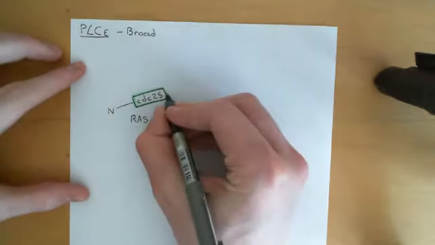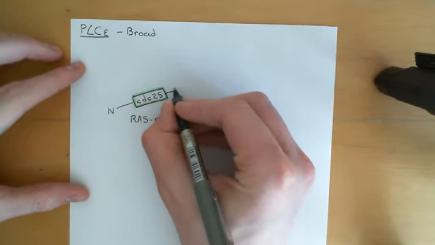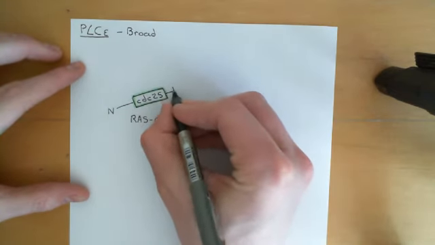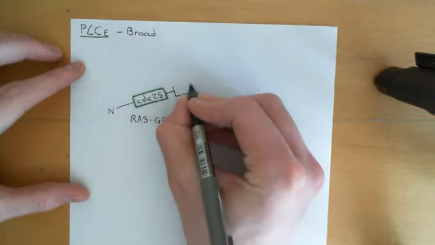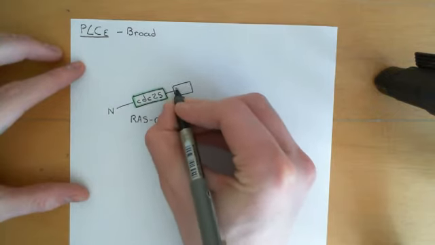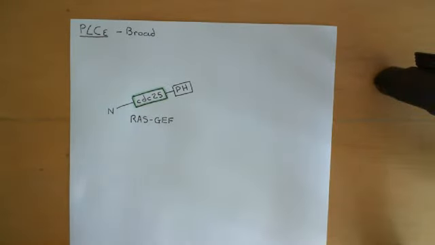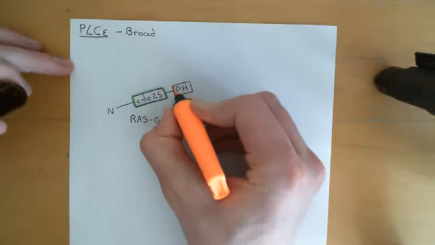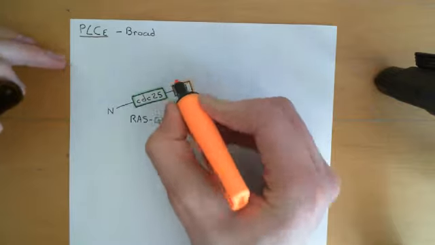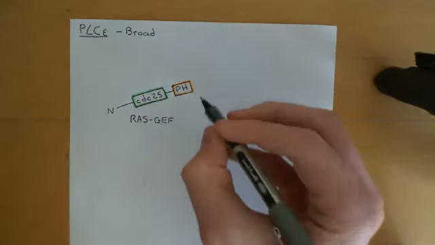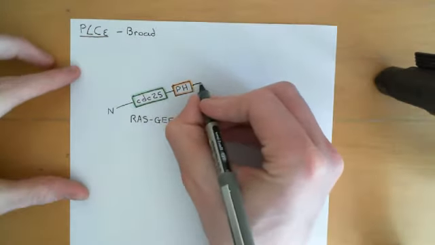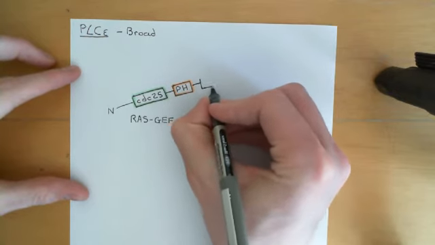Then after the CDC25 domain, you're going to have the more normal domains. Here you're going to have that same old pleckstrin homology domain, and it's going to go back to being useless basically. It's not going to do anything in phospholipase C epsilon. It's just there. Then something's different here. You do have EF hand domains, but you only have 2 this time.